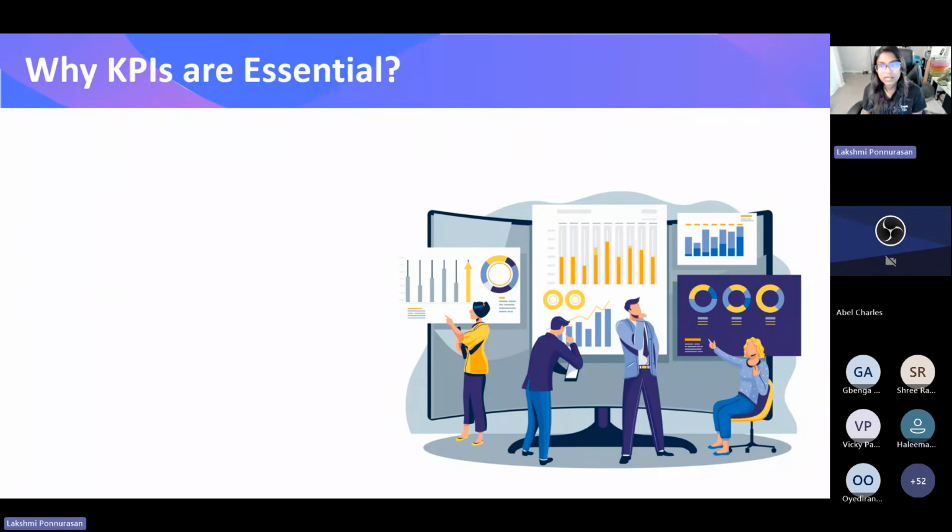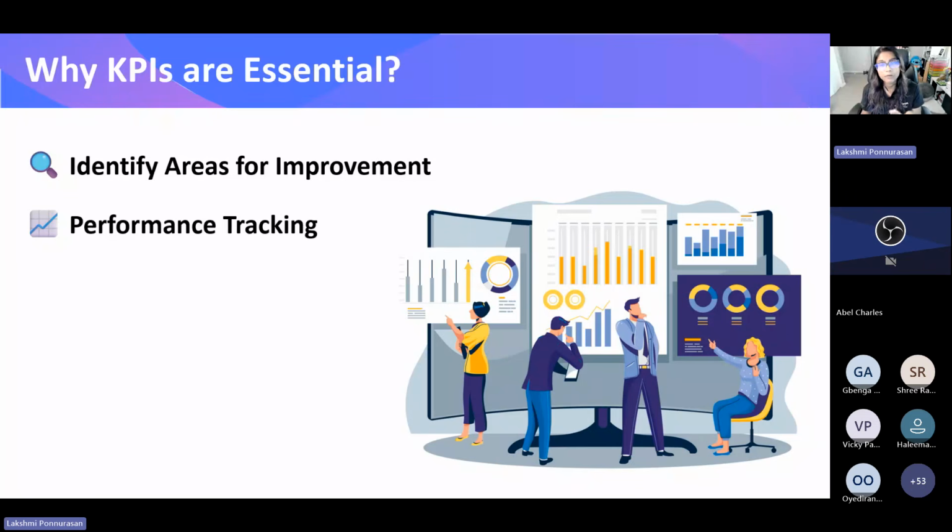Why are KPIs essential? KPIs are essential for businesses because they help to identify areas of improvement. They help you track performance and support decision making. By setting KPIs, you can focus on what matters to your organization and prioritize your efforts to drive growth and success.